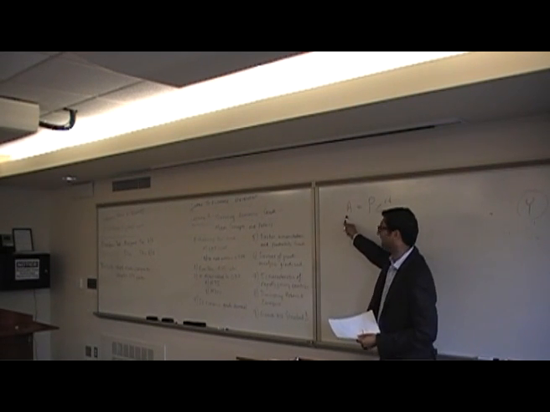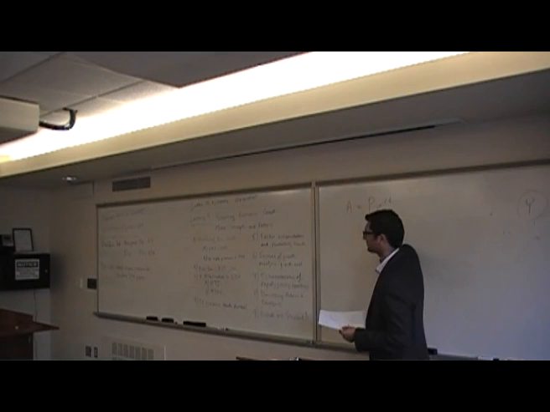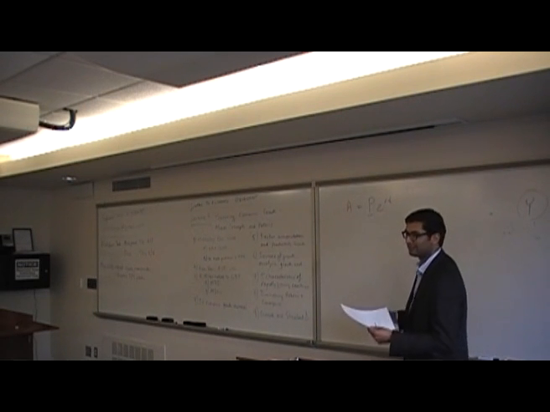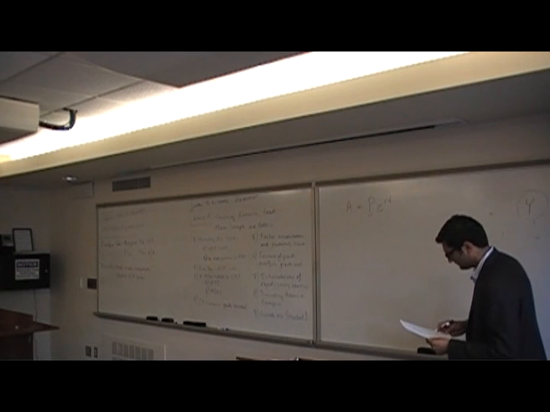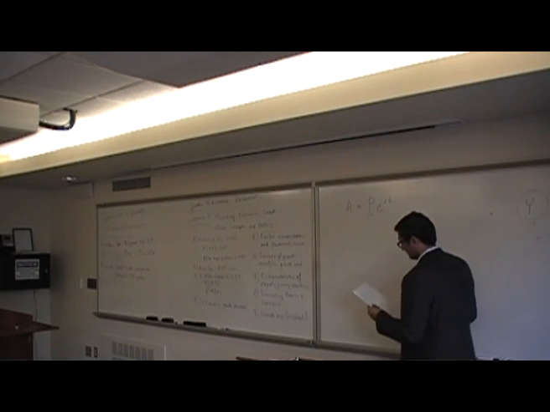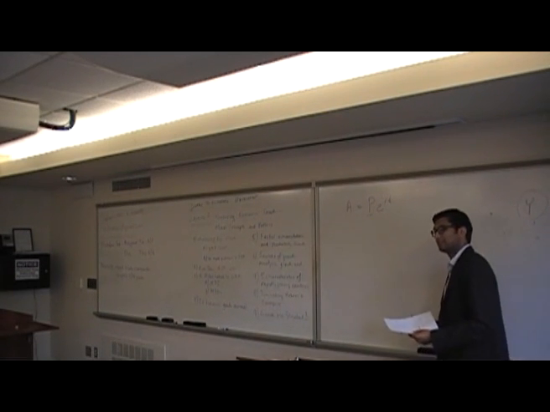Okay? Accumulation after T years. P is your principal, or some amount invested in the first period, and R is some rate. In this case, we're going to say it's some growth rate.